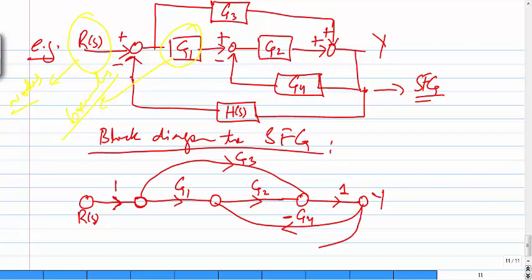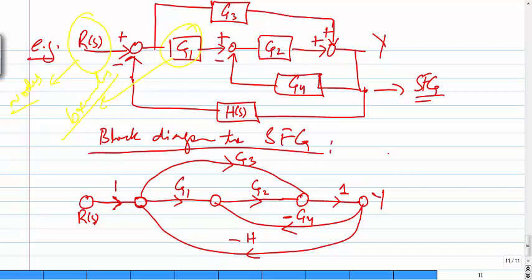Again, from the last node to the first one we are coming in this direction with a minus H sign. So this makes things very easy for us. The main idea is to convert branches into nodes and nodes into branches.